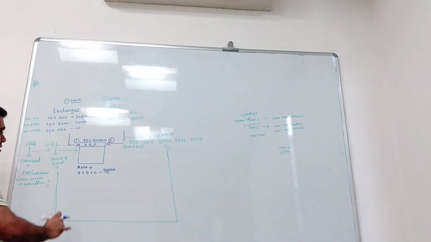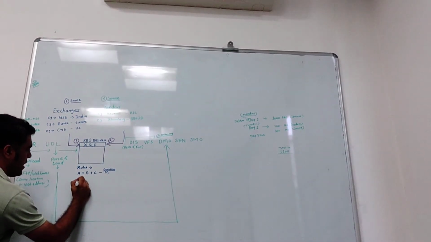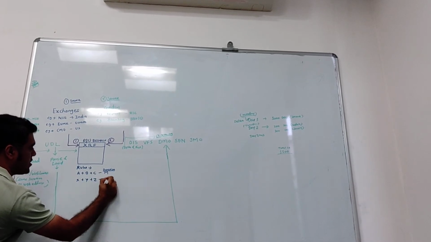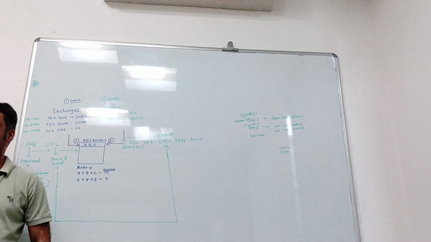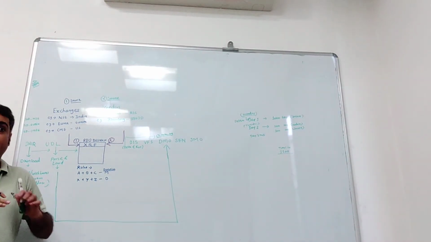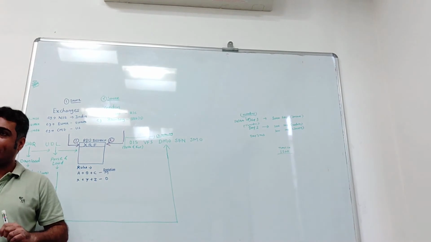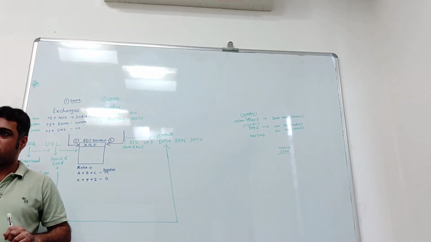If X plus Y plus Z match for duration daily, then cross-reference. So there are different rules written in XRF, which we execute to do this cross-referencing.